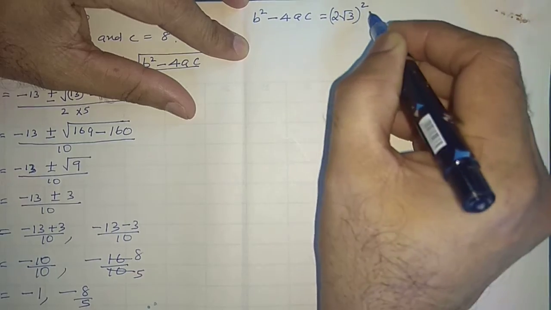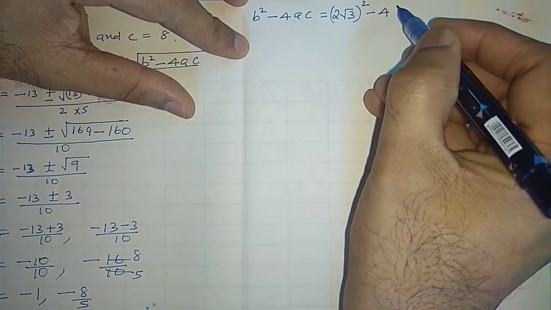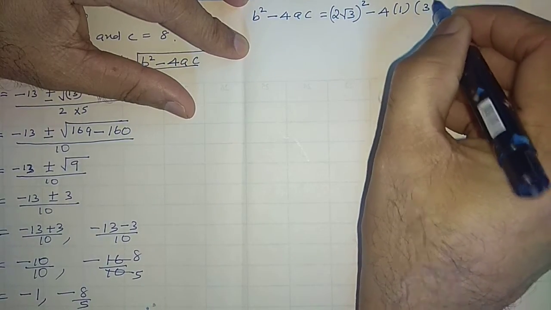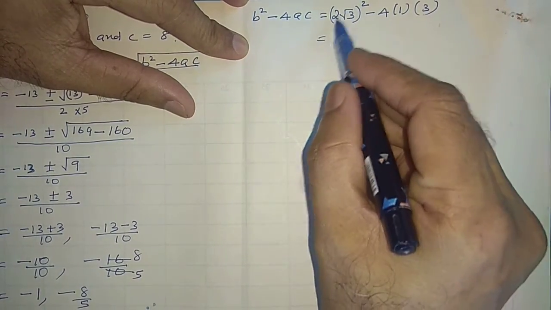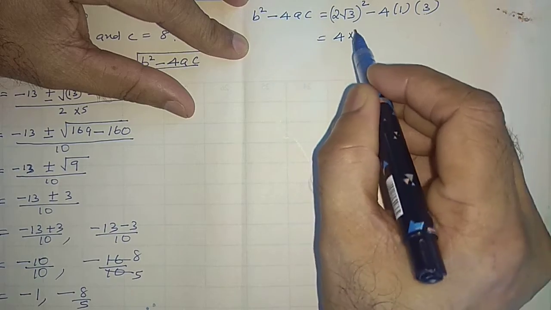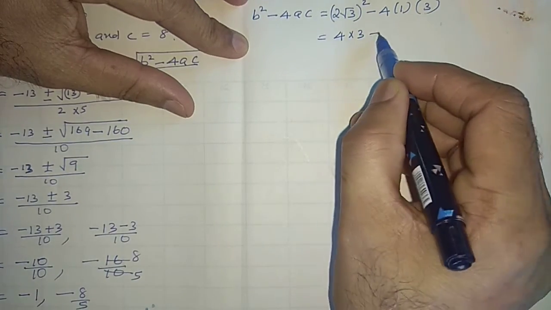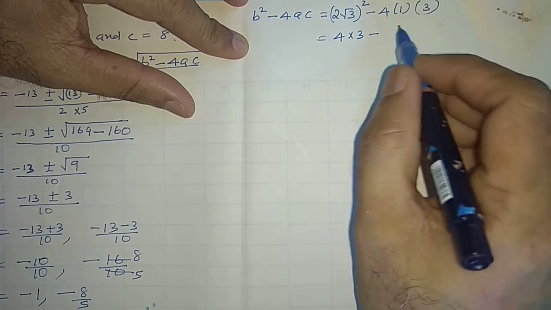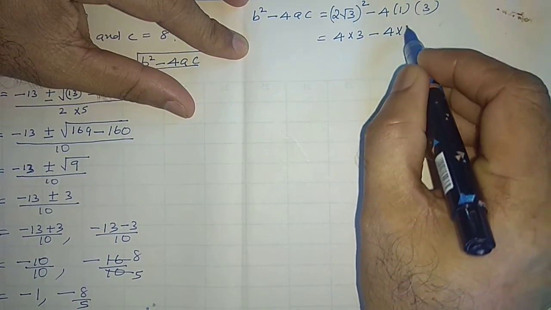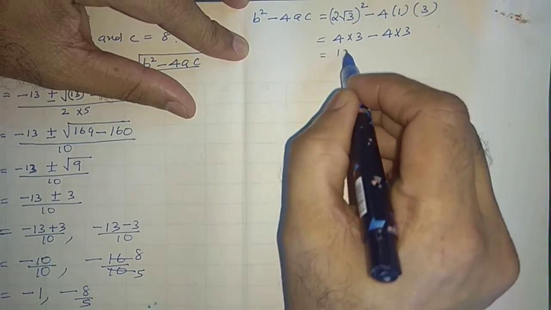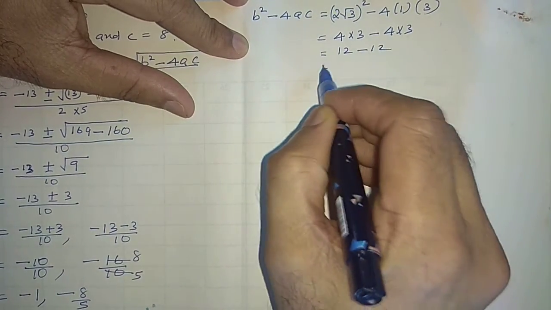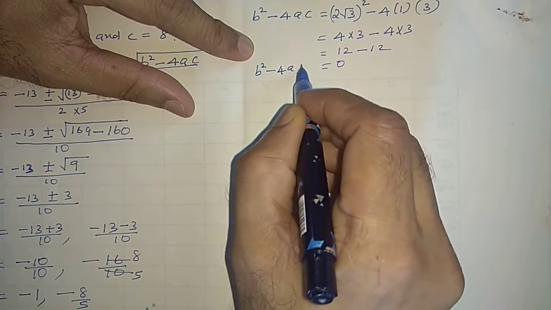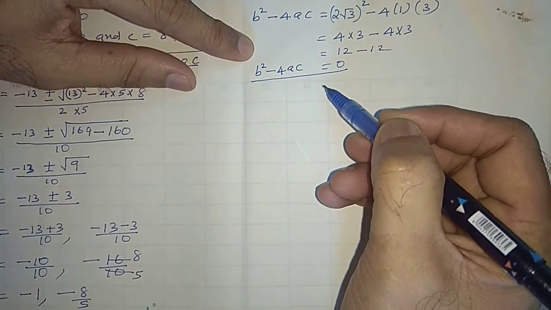B square minus 4 into a, a is 1, into c is 3. 2 square, 4, into root 3 square is 3, minus 4 into 1 into 3, 4 3s are 12. 12 minus 12 equal to 0. So b square minus 4ac is 0.